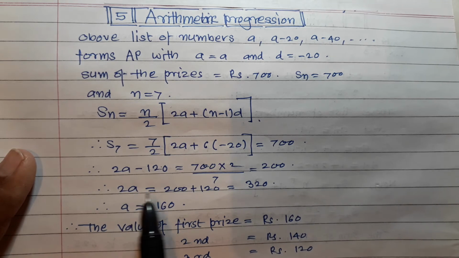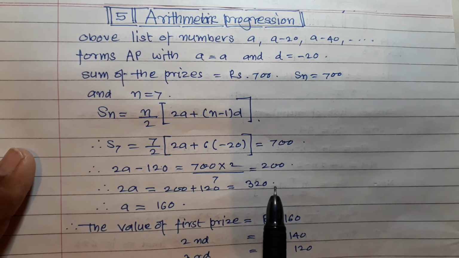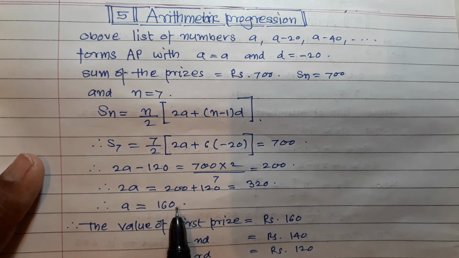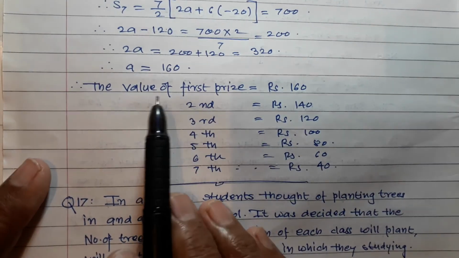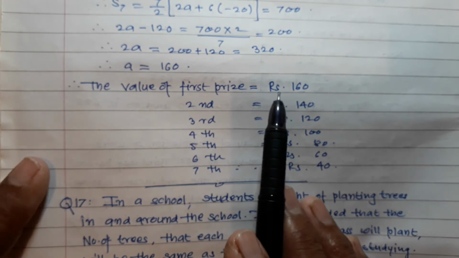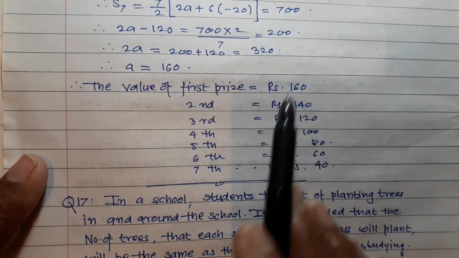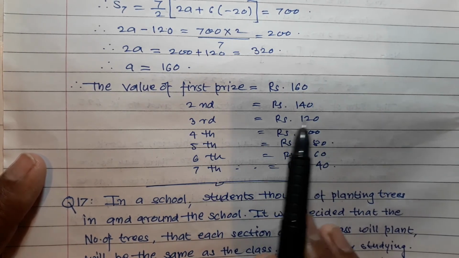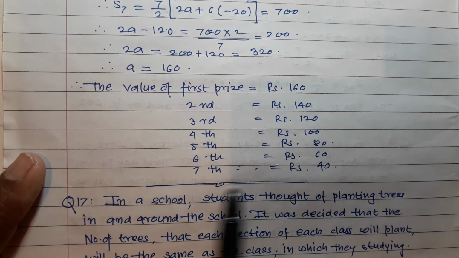Therefore 2a is equal to 200 plus 120, which is 320, and therefore a is equal to 160. Hence the value of the first prize is rupees 160. The second prize is 20 less, 140, and so on: 120, 100, 80, 60, 40.